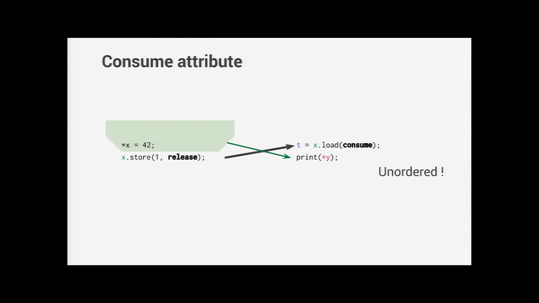So it seems fine and nice until you get an example like this. And here the question is, does the value that is loaded depend on T or not? And technically, it does. According to the standard, it does. But as soon as you run pretty much any kind of optimization pass in your compiler, it doesn't anymore.